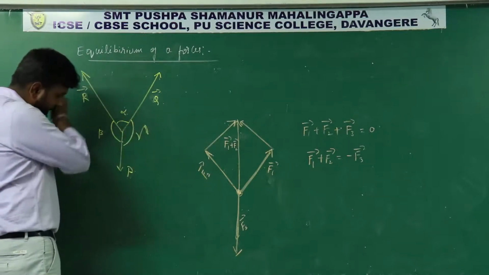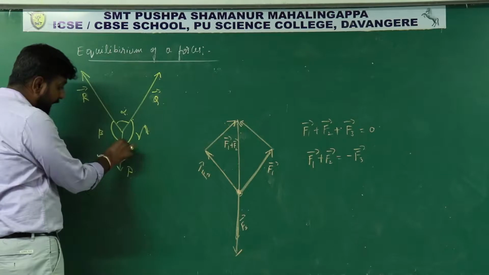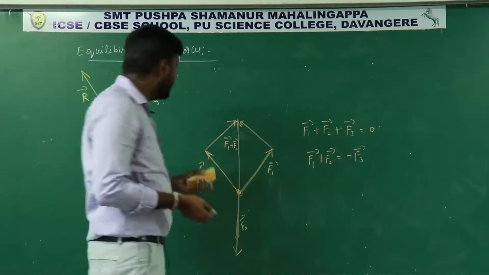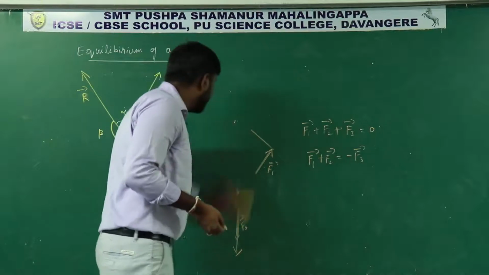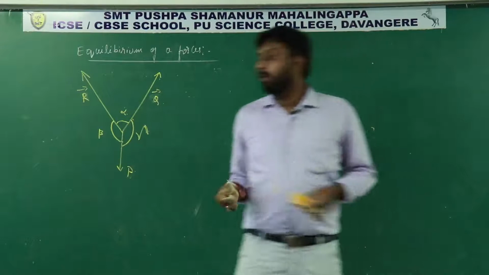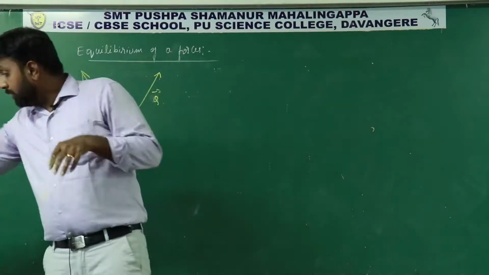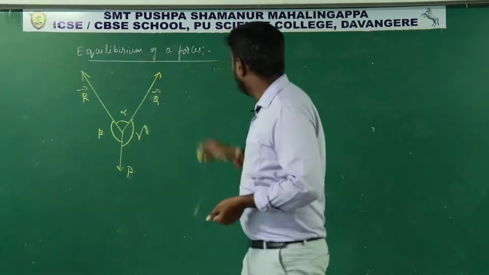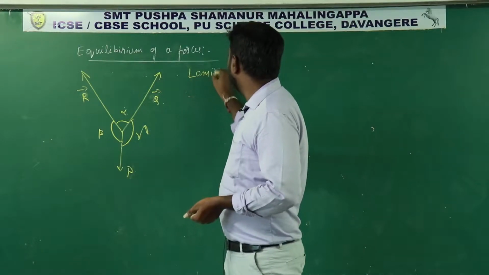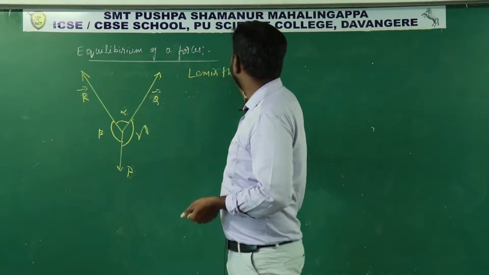Alpha, beta and gamma. This is the angle between Q vector and P vector. So whenever three unknown forces or three unknown vectors are there, we can use Lami's theorem to solve the problem. Okay.